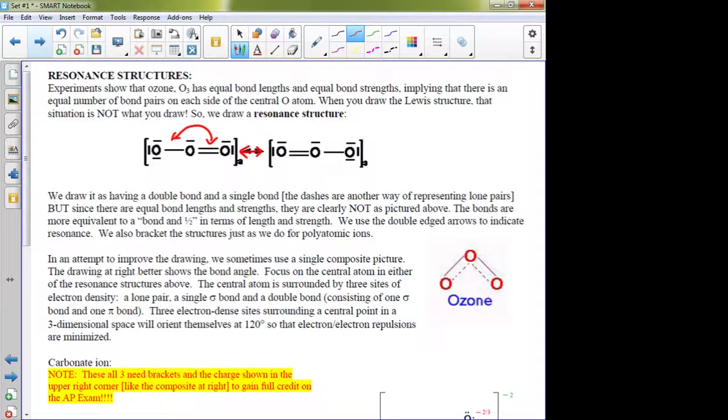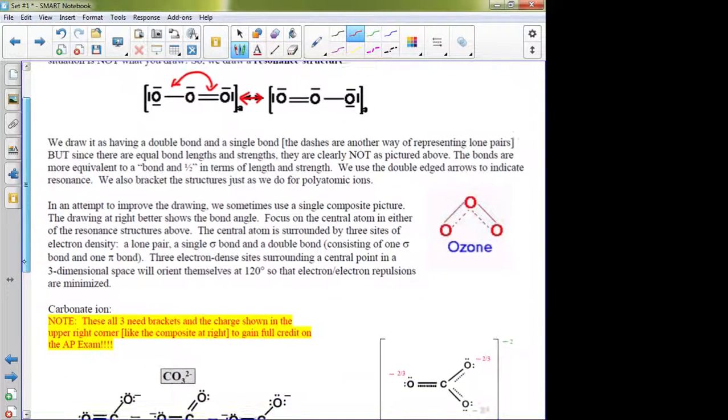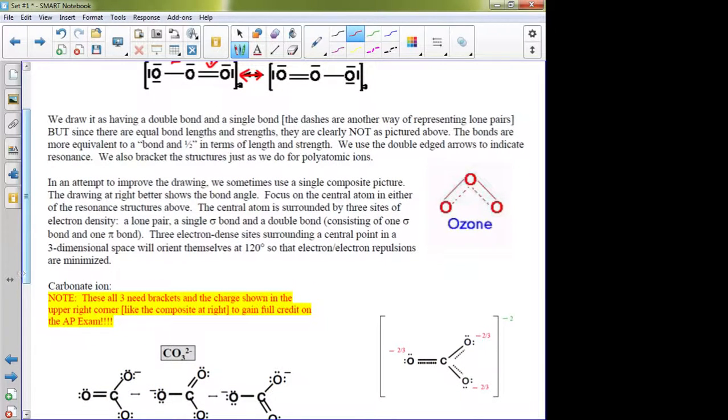No, because they're all the same, so they should all be sharing equally. So we would change that drawing and do a single composite picture. We do the oxygen up top, the other two oxygens bonded to it, so I've got 3 oxygens, and then we do a single line with a dashed line.